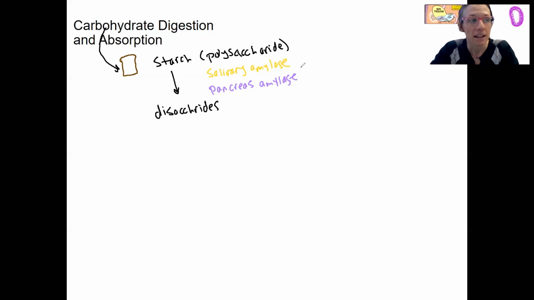To go from disaccharides to monosaccharides, which is what we need to absorb, we need to have brush border enzymes. So let me go to monosaccharides. Am I spelling it the same way at all?